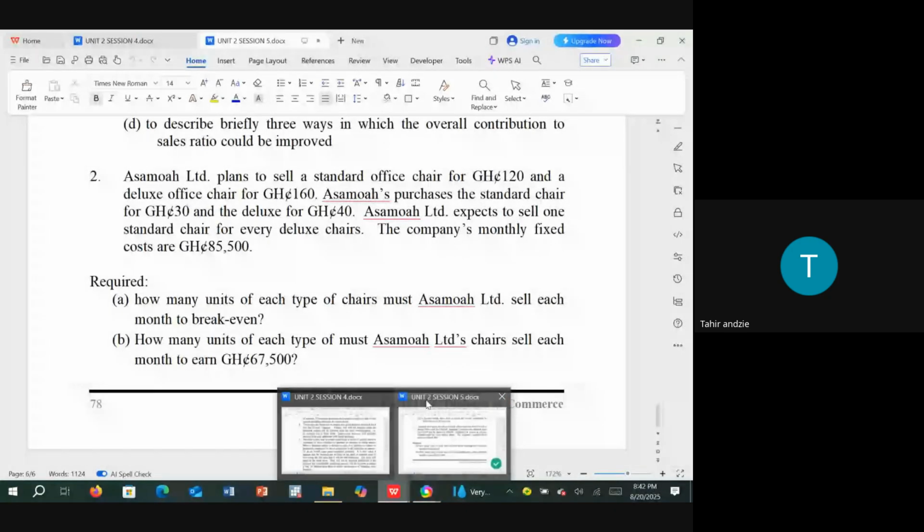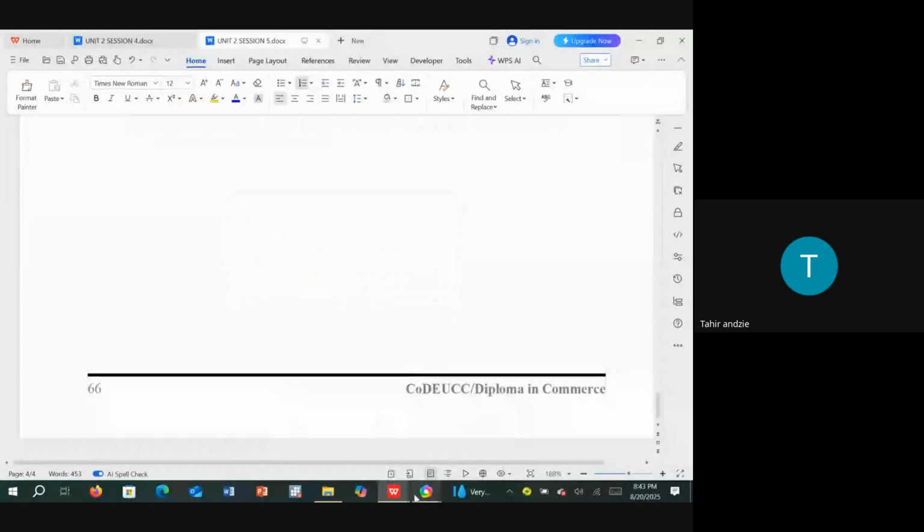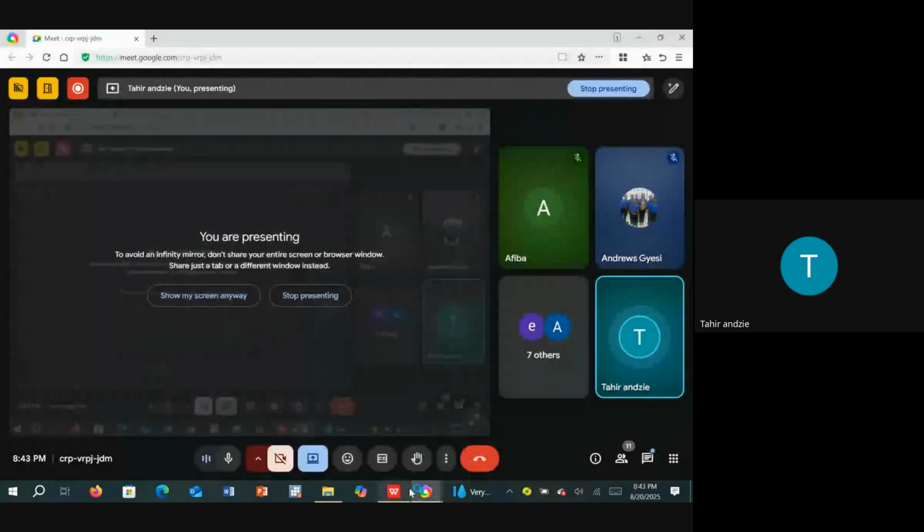Let's move to Unit 3 quickly, because we don't have time.